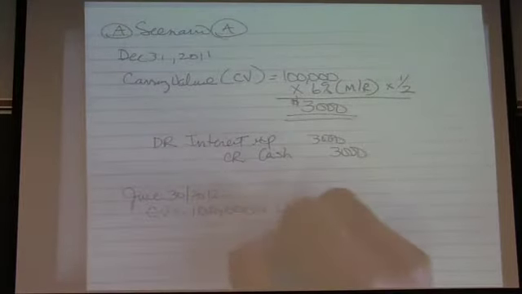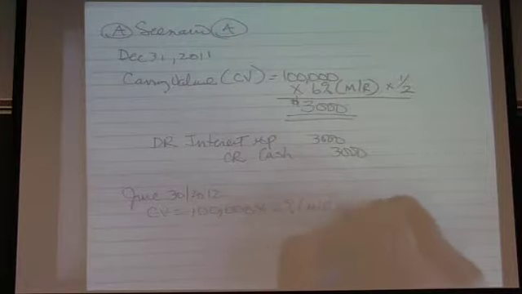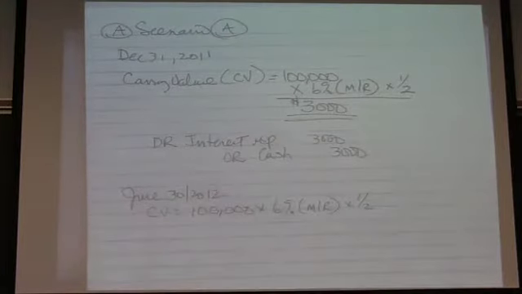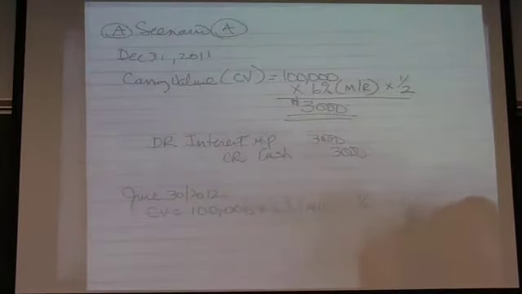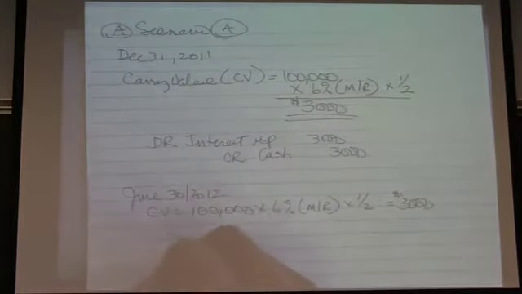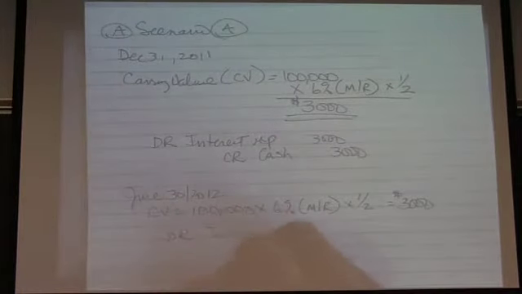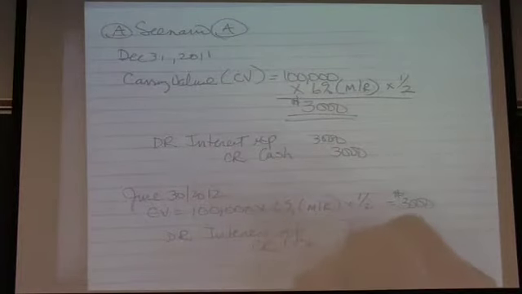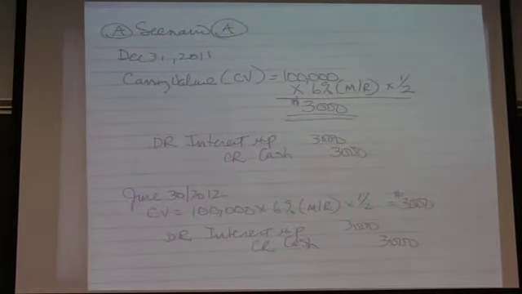Times 6%, which is the market rate, times 1/2 again because it's another 6 months, gives us $3,000. And again, the entry is debit interest expense, credit cash. So you can see that when we're issuing bonds at par, it's going to be the same interest entry every 6 months.